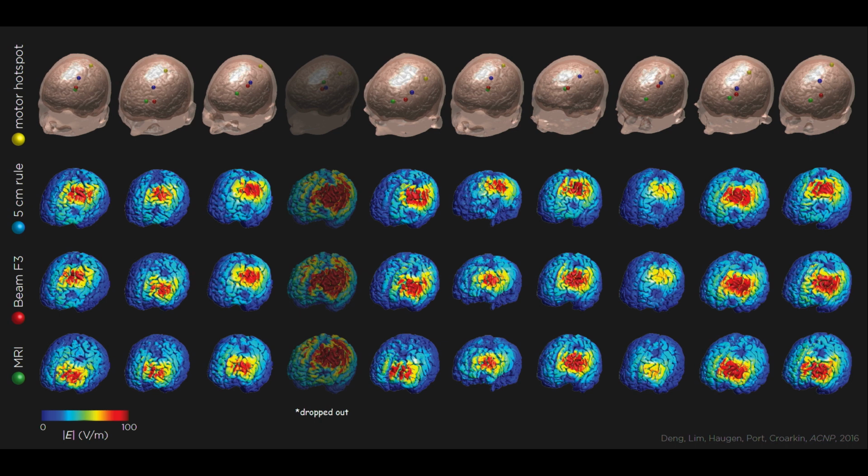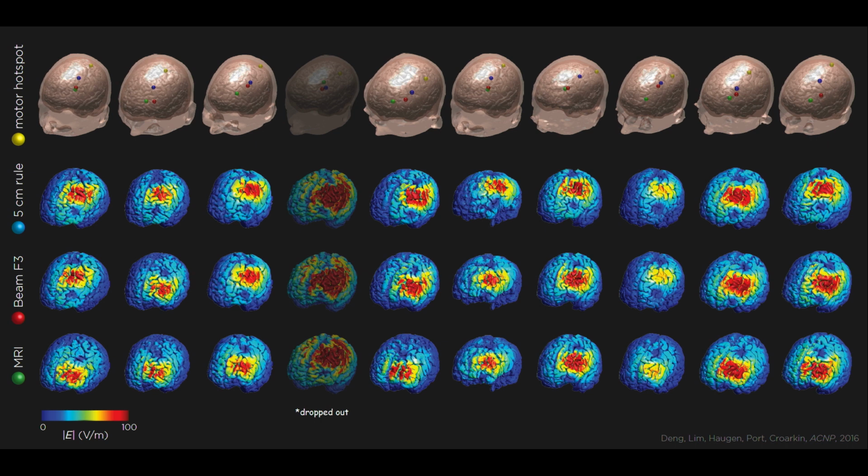This is the spot on the surface of the head where you can get a thumb twitch. The blue dots represent the location you obtain from the 5 centimeter rule. The red dots represent the EEG F3 method, and then finally the green dot is an expert structural MRI localization of the dorsolateral prefrontal cortex.